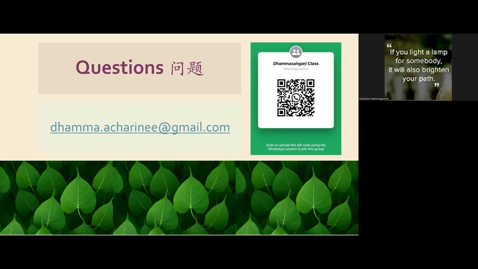Now that Phassa is separate from this impingement, because Phassa is the contact between mental dhammas, the citta and cetasika. The contact we are talking about here, the impingement, is between rupa.